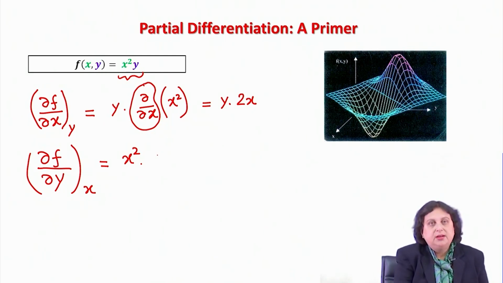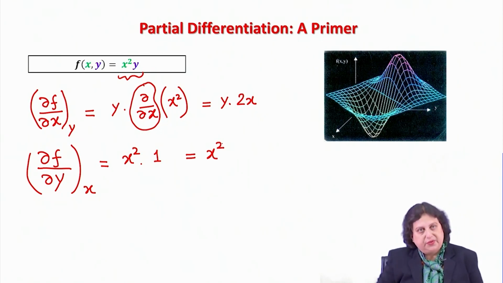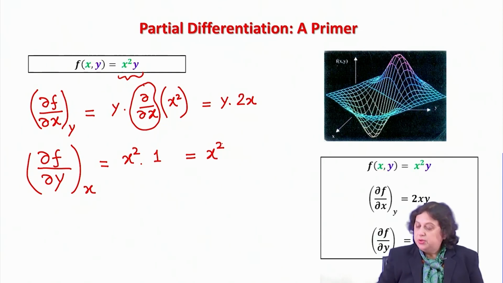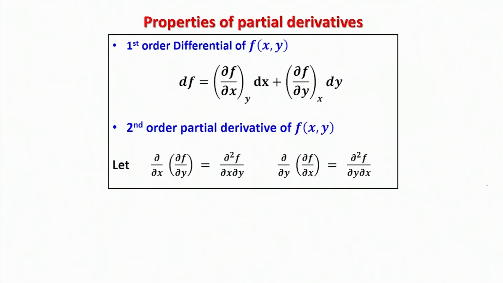So what is del y of y? That is equal to 1. So this answer is x squared. As you see, by knowing the rules of simple differentiation, one can find out the partial differentiation of a function of two variables. So basically, this is the set of results that we have got in this slide.